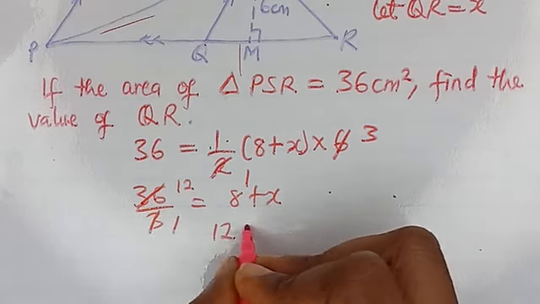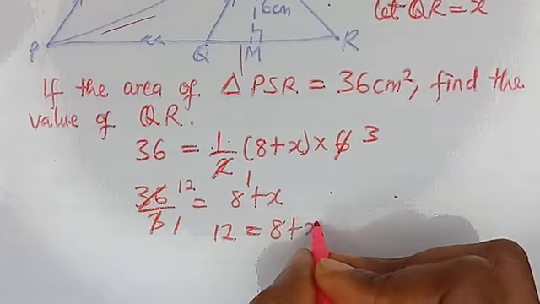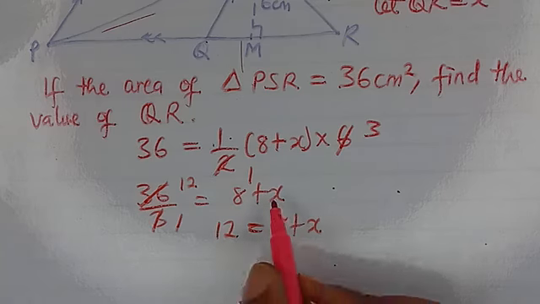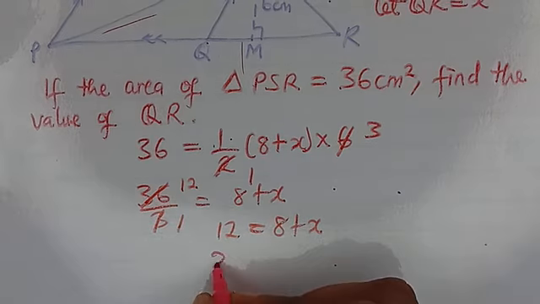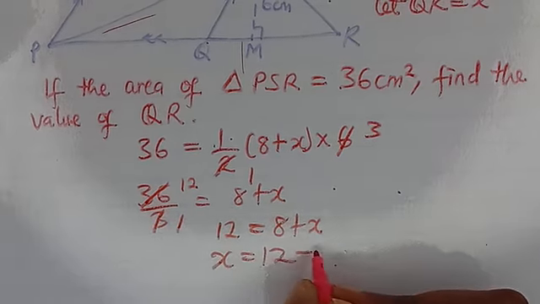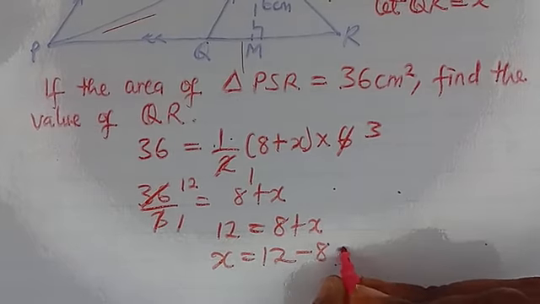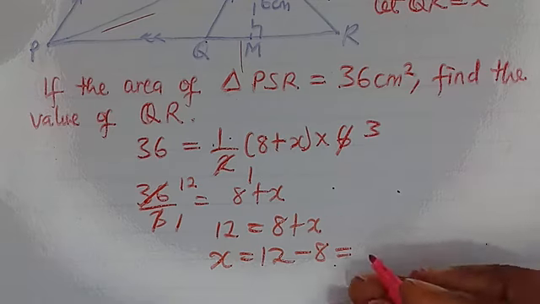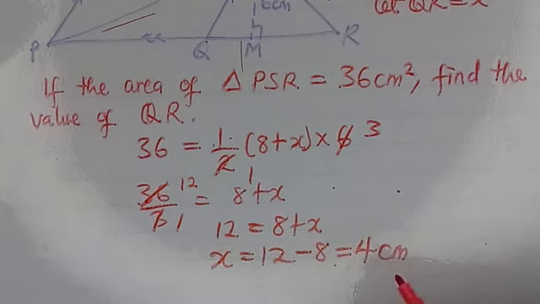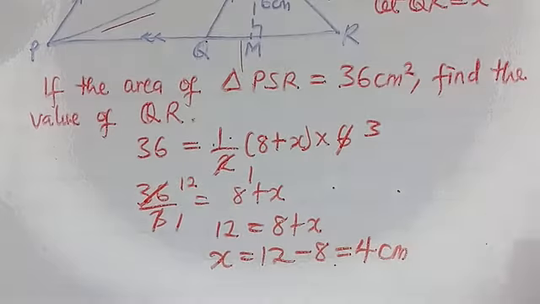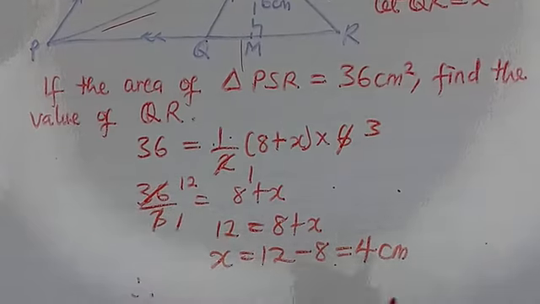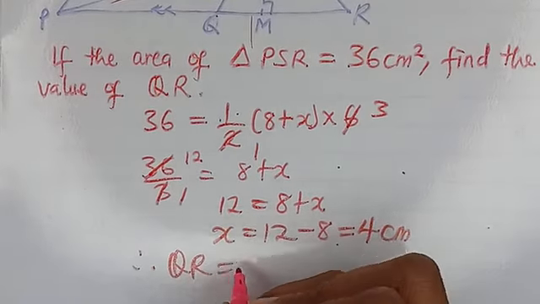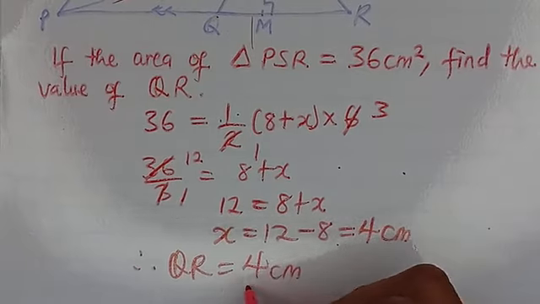We have that 12 is equal to 8 plus X. Now we are going to make X the subject by sending 8 over to this side. We have that X is equal to 12 minus 8, which is 4 cm. Remember that we said let QR be equal to X. So therefore, QR is equal to 4 cm.